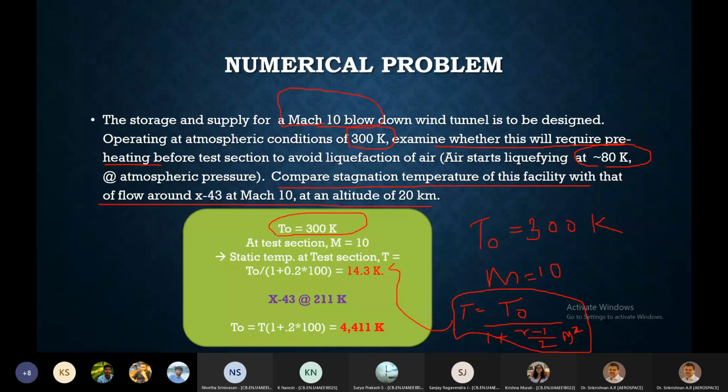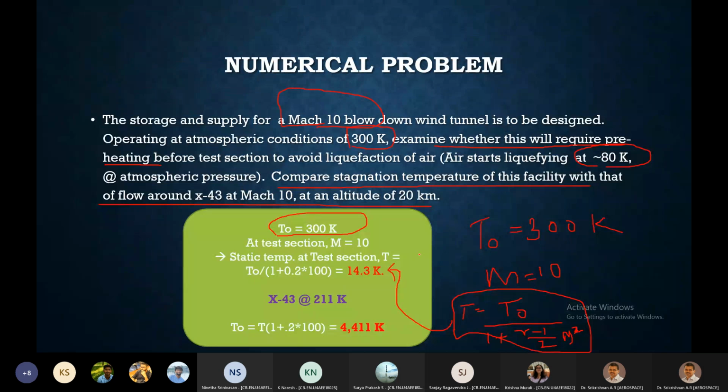You can check the calculation. That's really a low value, right? The temperature is 40.3 Kelvin.